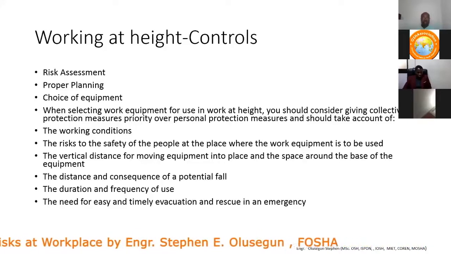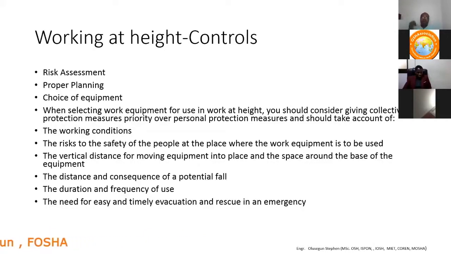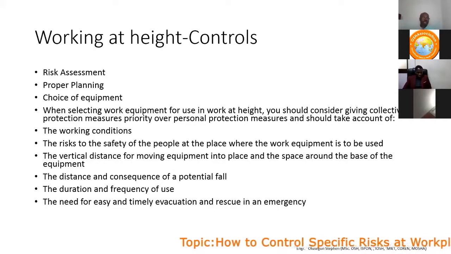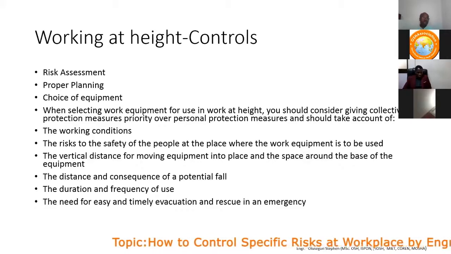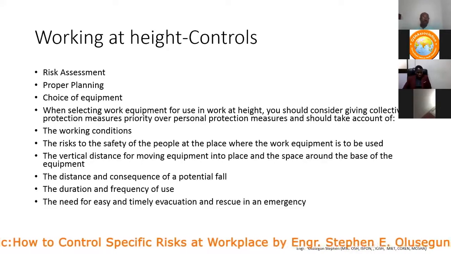When selecting work equipment for use in work at height, you should give collective protection measures priority over personal protective measures. And you should take account of the working condition, because your personal protective equipment is not going to take care of the working condition. The risk to the safety of the people at the place where the work equipment is to be used.